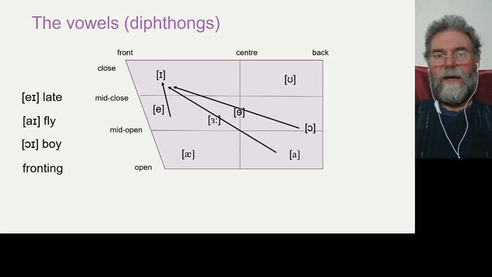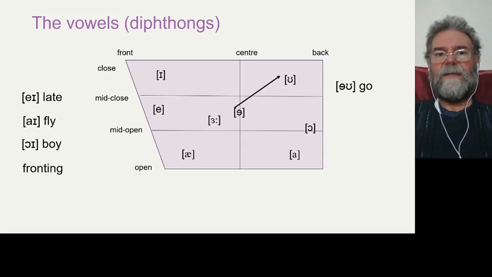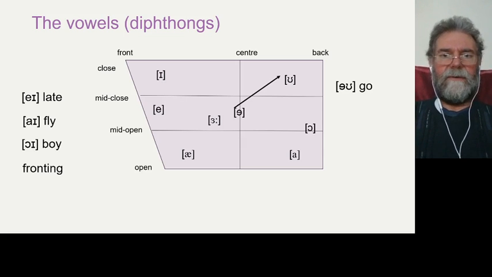We also have ones which move towards the back and specifically end near this O position. So take, for example, the vowel in the word go. That's O, starting near to schwa and ending somewhere closer to the U vowel.